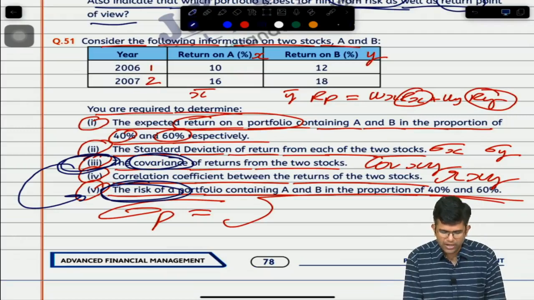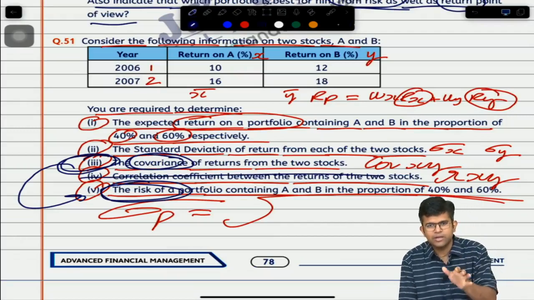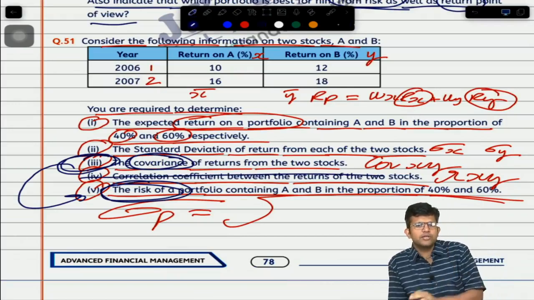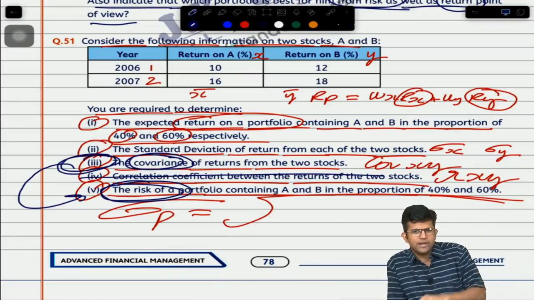You are understanding now? You don't actually need the correlation coefficient calculation only. Correlation in one sense therefore is of no use only. We can directly use the covariance only and make the answer.